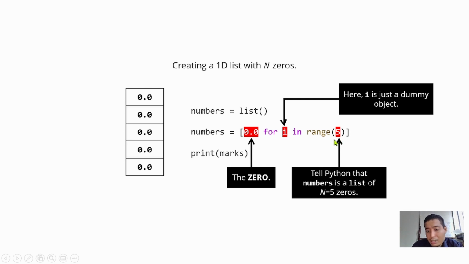So the number 5 here is actually the stop, but it seems to be equivalent to the total number of items in the list. I don't know how to say this. Basically, you have range 5.